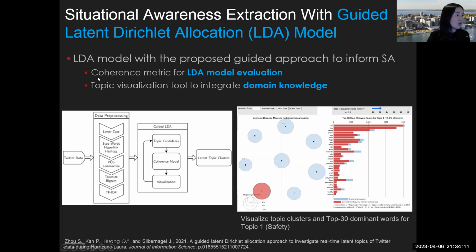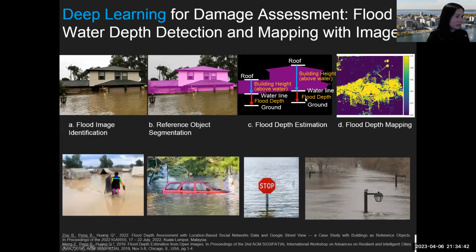So our coherence metrics address that problem by optimally identifying the number of clusters needed. We also developed a topic visualization tool to integrate domain knowledge from experts to manually examine whether the extracted topics make sense, and they can manually adjust the associated parameters to get the optimal result.